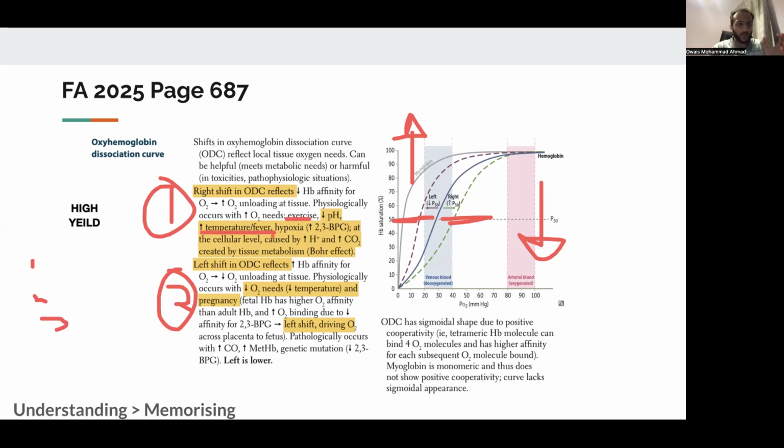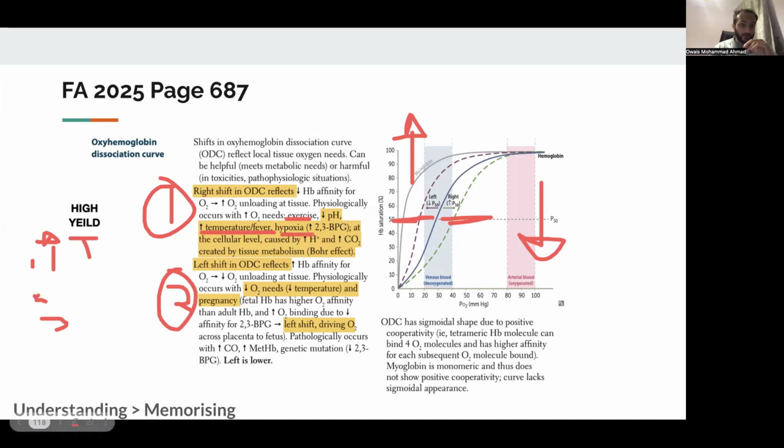Now, why exercise? Because when you have an increased temperature, what's going to be the bonds between hemoglobin and oxygen? They're going to become quite weak, and that's going to lead to oxygen being dissociated. Okay, and that's going to be release of oxygen. It's going to go to our tissues or muscles which need oxygen. The second thing is going to be hypoxia.